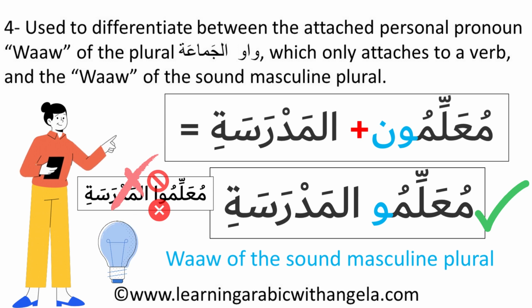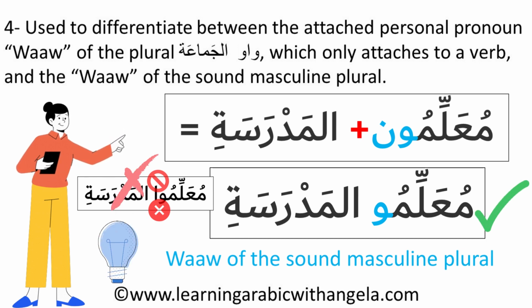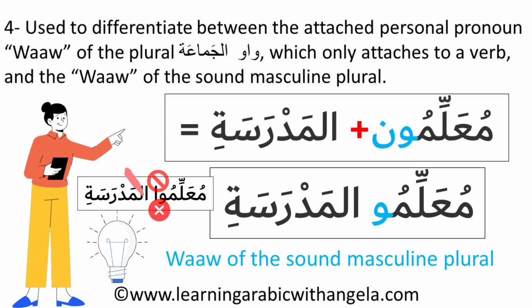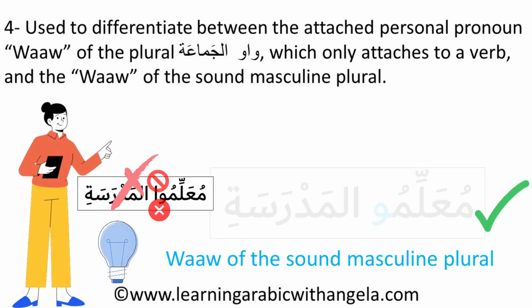For example, معلمون plus المدرسة, we want to say the school's teachers. In an إضافة construction, we have to drop the noon, it becomes معلمو المدرسة. Notice that we do not add an alif, because that would completely be wrong. So it's always without an alif, because معلمون is a noun in this case, and it's not a verb.